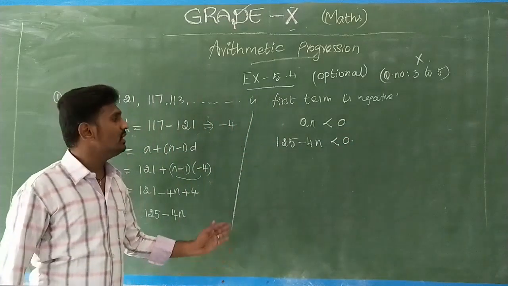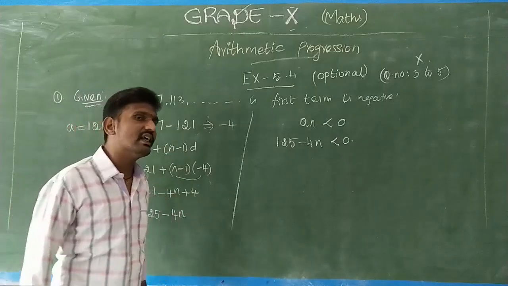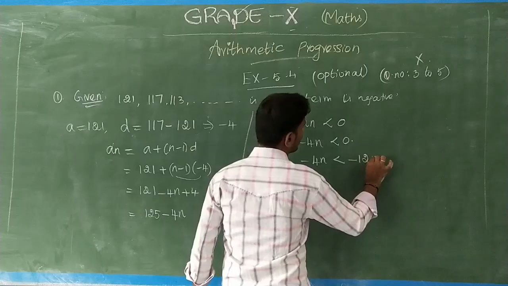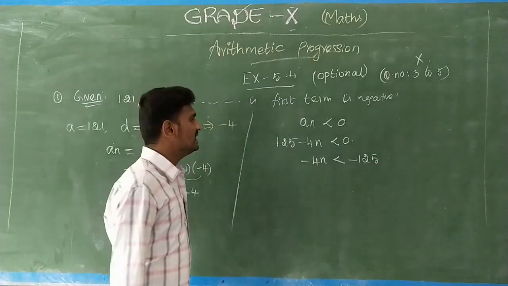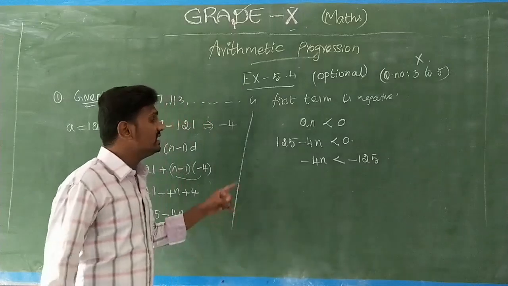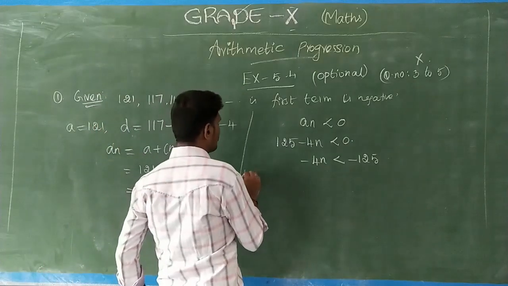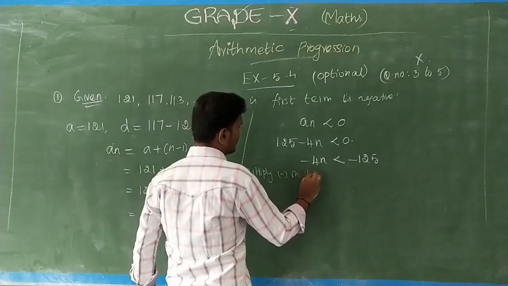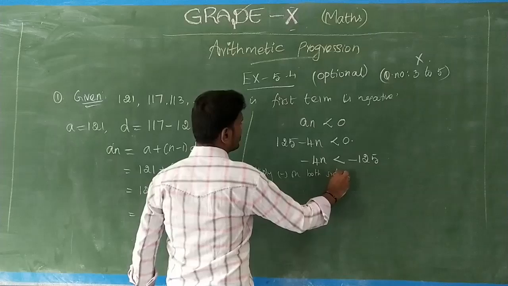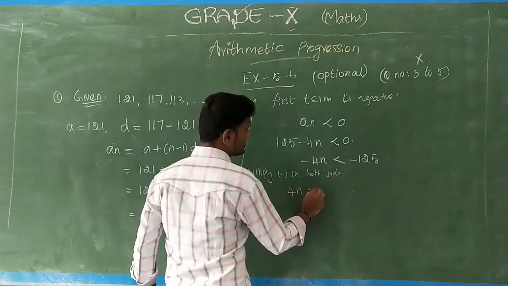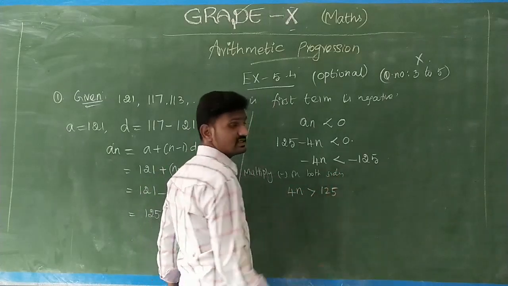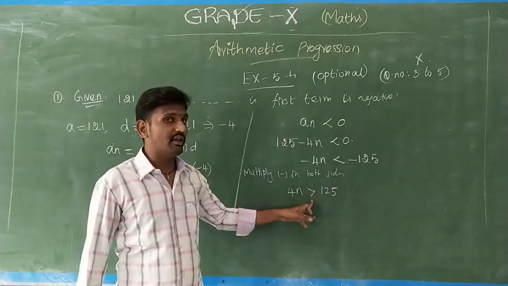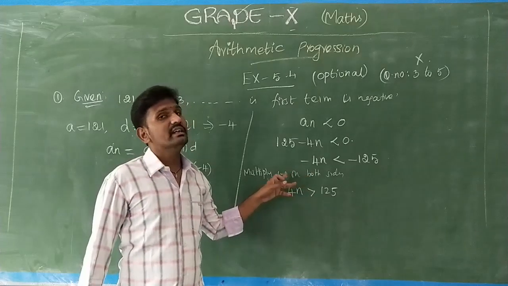Moving 125 to the other side, minus 4n is less than minus 125. Now I want to eliminate the negative sign, so multiply by minus on both sides. We get 4n is greater than 125. Listen carefully: the less than became greater than because we multiplied by a negative on both sides.